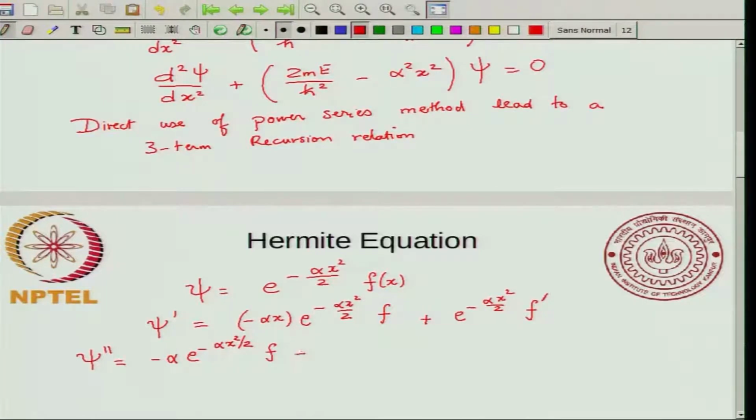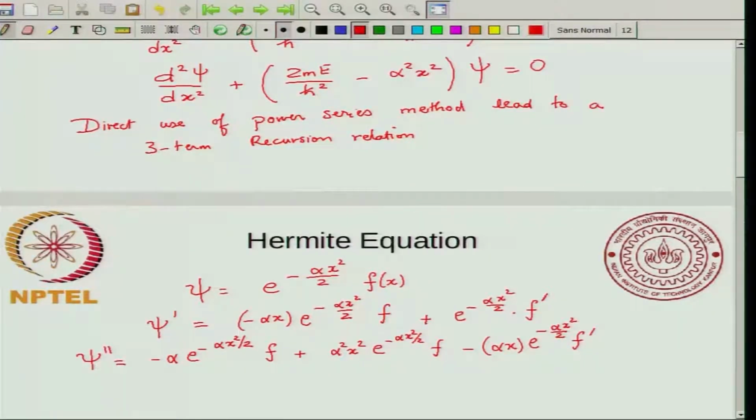So, I will get plus alpha square x square e to the minus alpha x square by 2 times f. Then I will get a term where I have a derivative with respect to f. So, I will get minus alpha x e to the minus alpha x square over 2 f prime. And so, all these come from the first term.